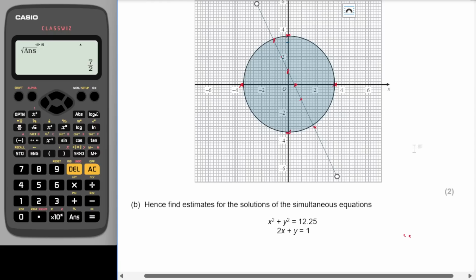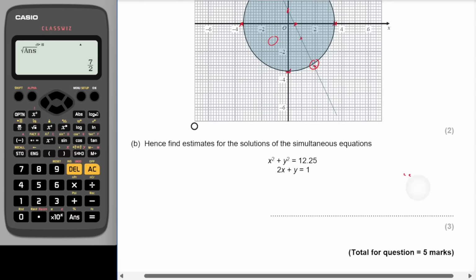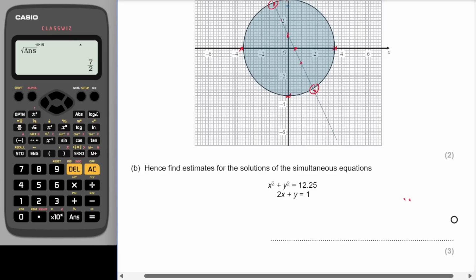Right, and then I want to find the 2 points of intersection between the two lines. There and there.